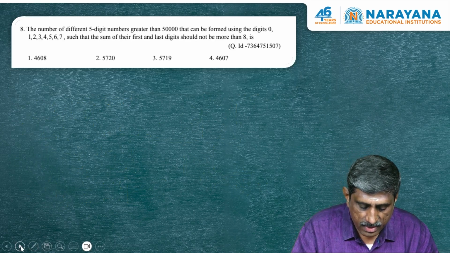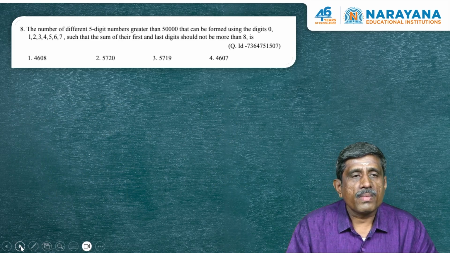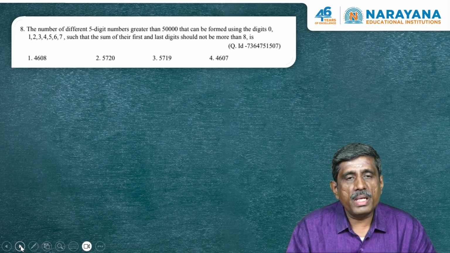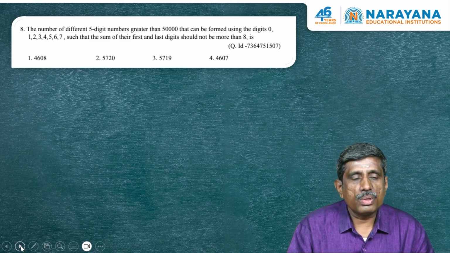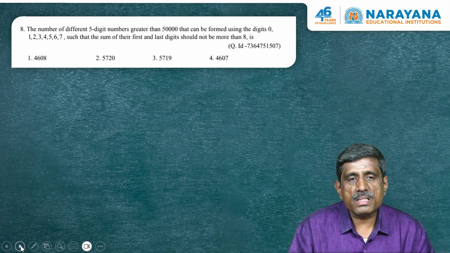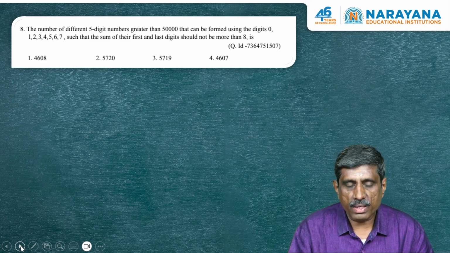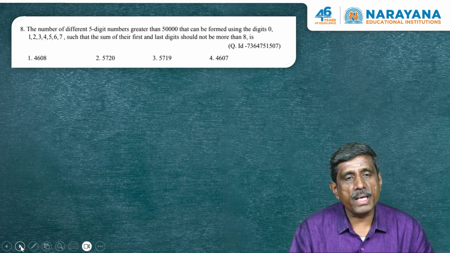Now, let us move on to the next question. The number of different 5-digit numbers greater than 50,000 that can be formed using the digits 0, 1, 2, 3, 4, 5, 6, 7 such that the sum of their first and the last digits should not be more than 8. So, carefully identify, we have to find the number of 5-digit numbers.